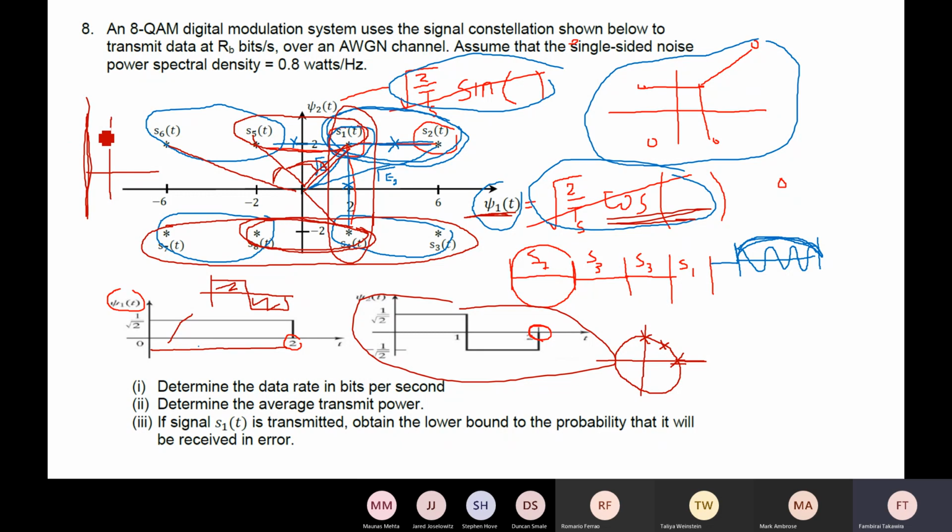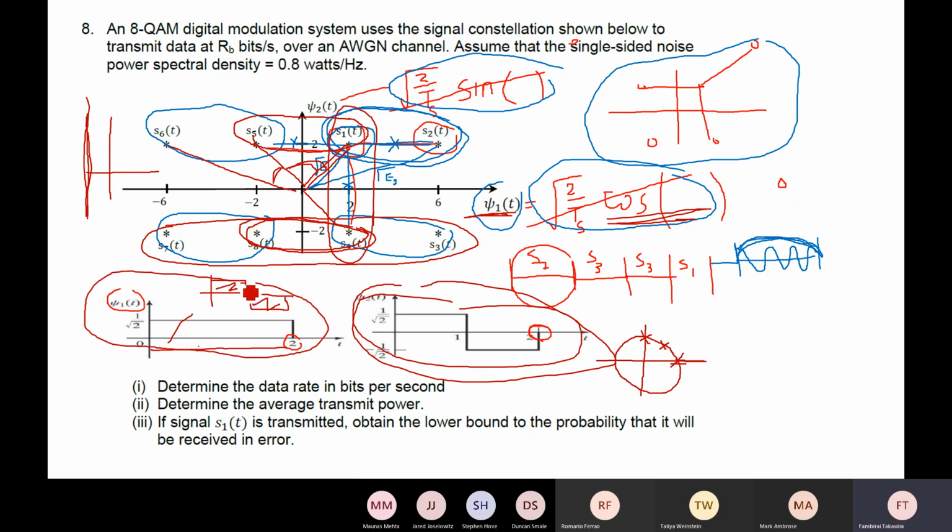Because essentially psi 1 is a pulse going from 0 to 2, but psi 2 has a pulse going from 0 to 1. The 1 to 2 is simply the inverse of the other one, so it will have the same pulse shape. So the bandwidth dictated by this is twice the bandwidth dictated by that.